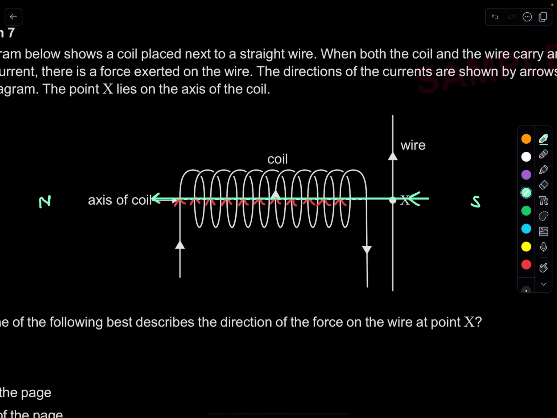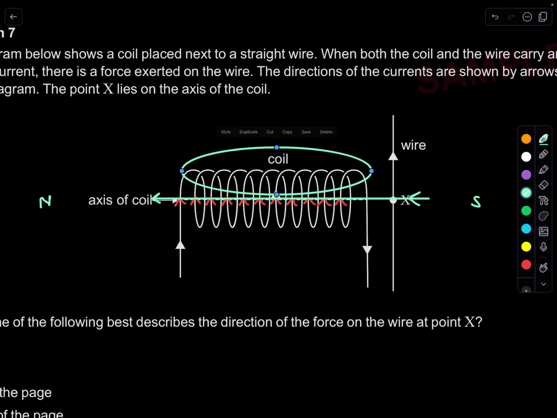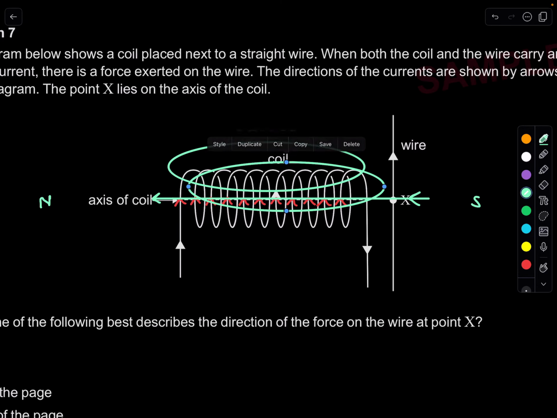And of course, you're also going to get some magnetic field out here, an ellipse like this, that's going to form as a magnetic field. I'm going to duplicate it also here.